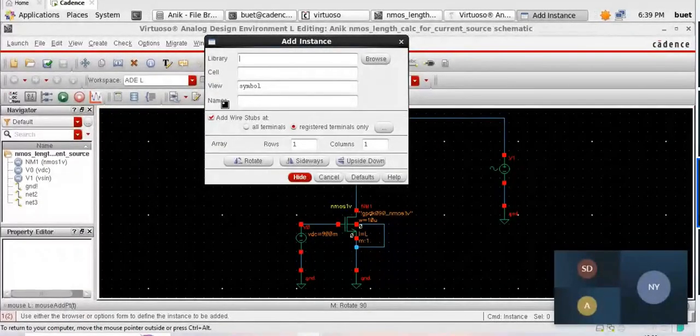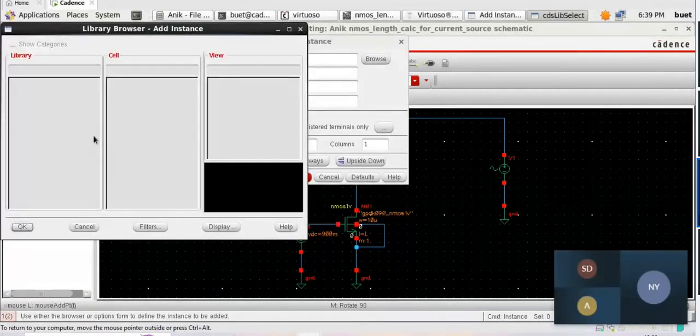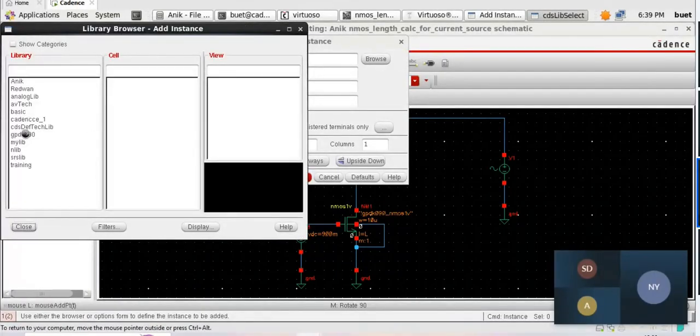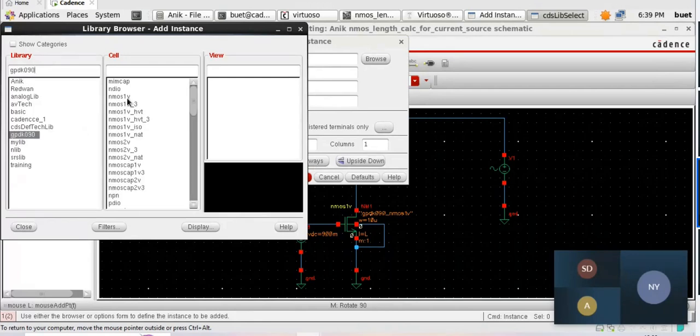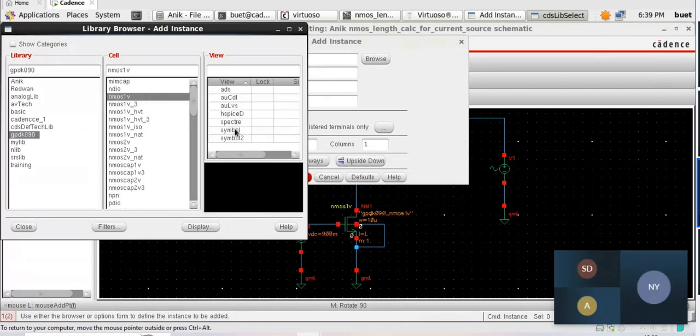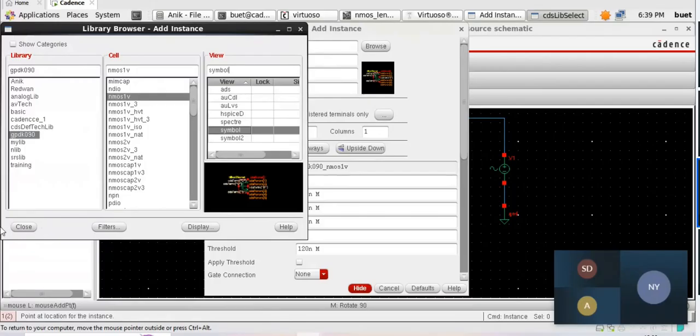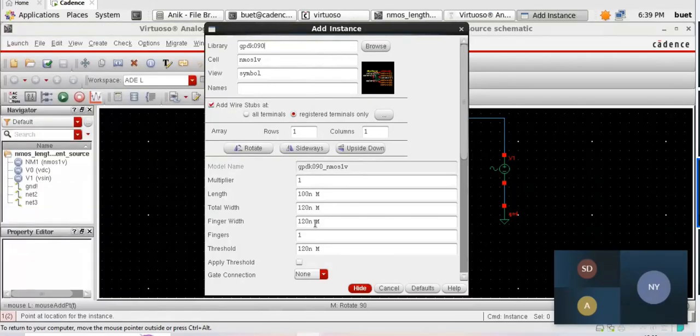Here I'll browse it. In this library, you have to select GPDK90 or whatever technology you are having. If you have downloaded the same software, you will get the GPDK90 nanometer technology. So here you can see GPDK90, and in that you can choose nmos1v and choose a symbol and just say OK. When you do that, all these parameters will come.